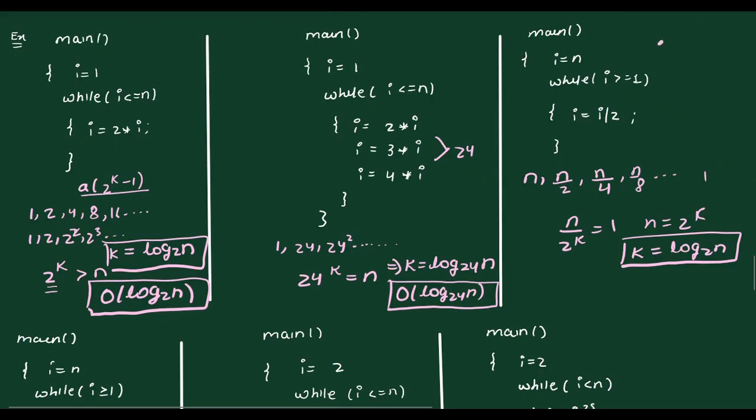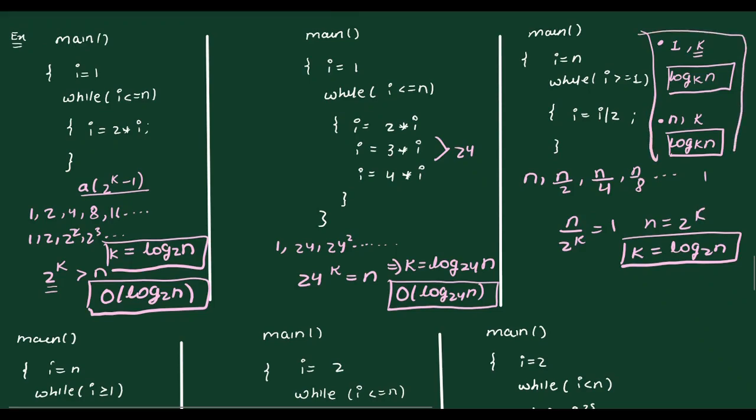If you are starting from 1 and you are multiplying with some number k, the time complexity is log base k of n. Similarly, if you are starting from n and dividing by some constant k, then your time complexity is log base k of n. You don't need to remember these formulas. As you can see, these are all simple analyses which can be done by just seeing how the input is changing every time you run your loop, right?